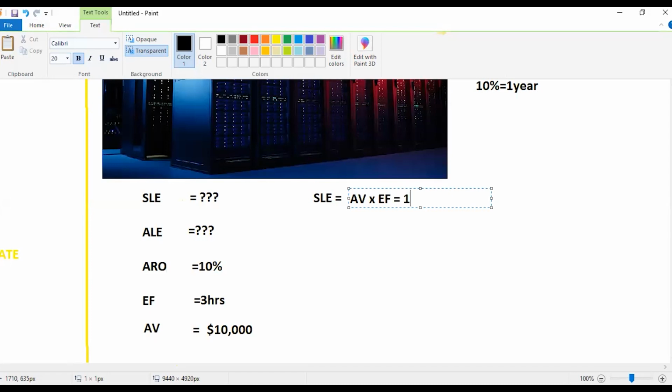So asset value 10,000 into exposure factor 3, which is $30,000, right, sir?